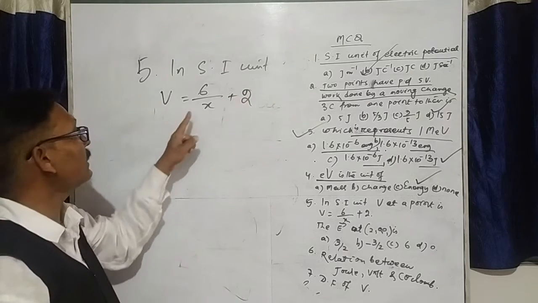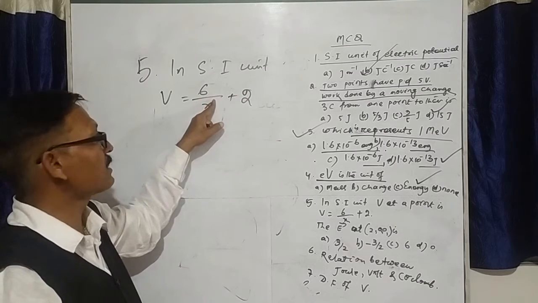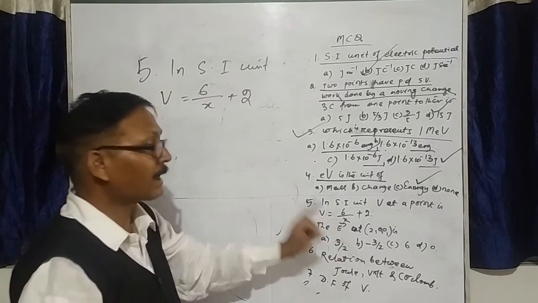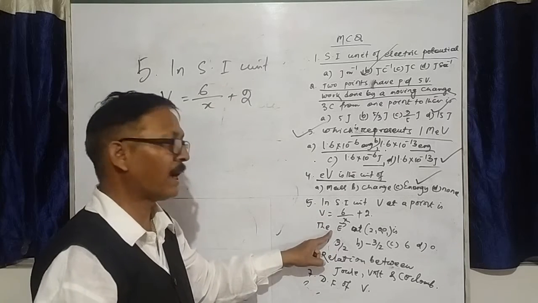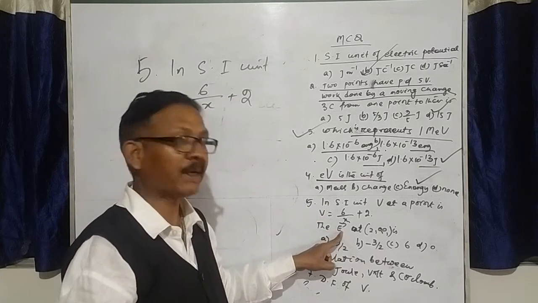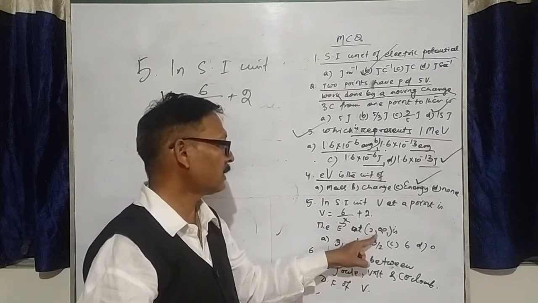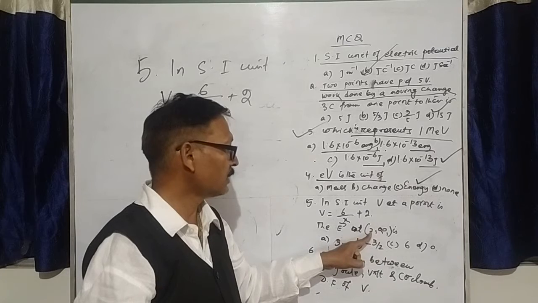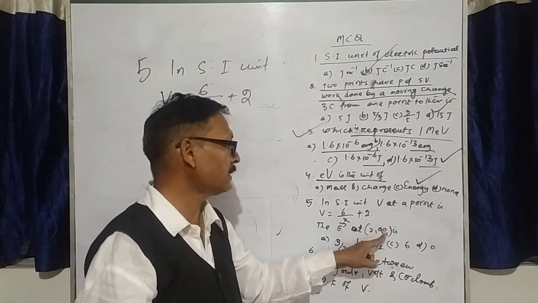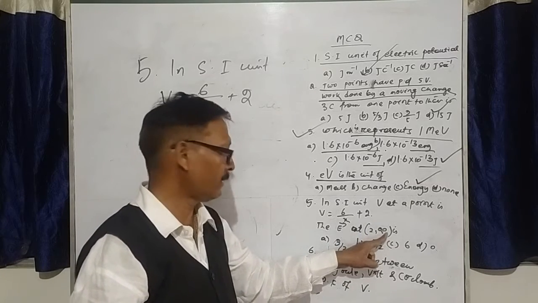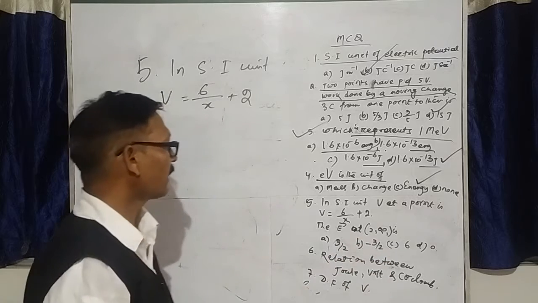You see the potential is given in terms of x. At a point you have to find the electric field E vector. At 2 0 0, in a 3-dimensional structure, this is the x-axis, this is the y-axis, this is the z-axis. The coordinate is given like this.